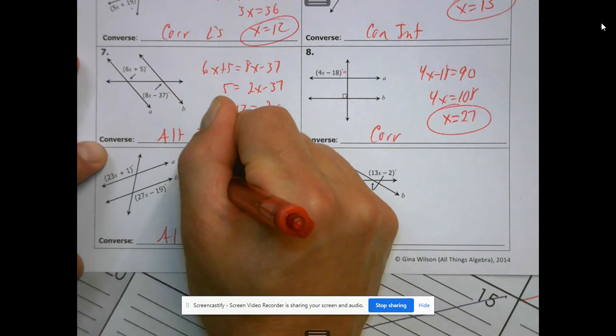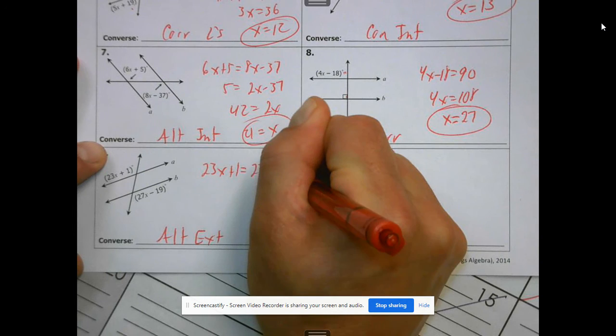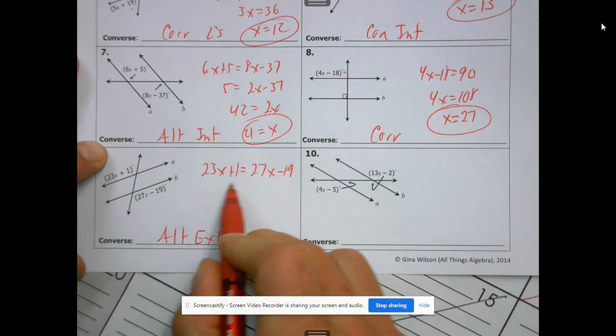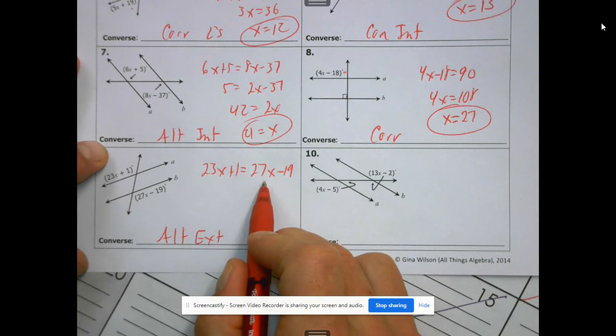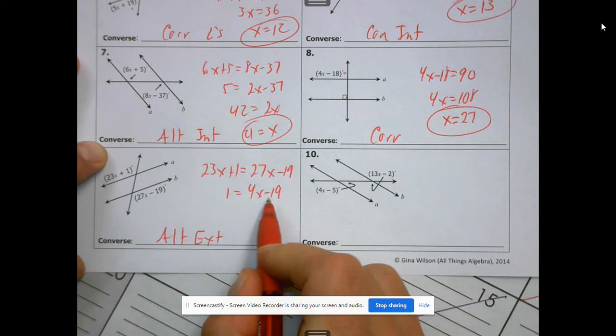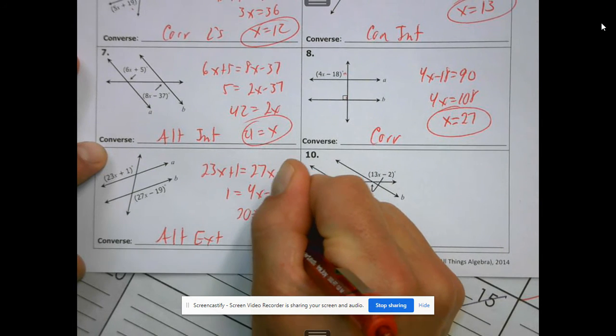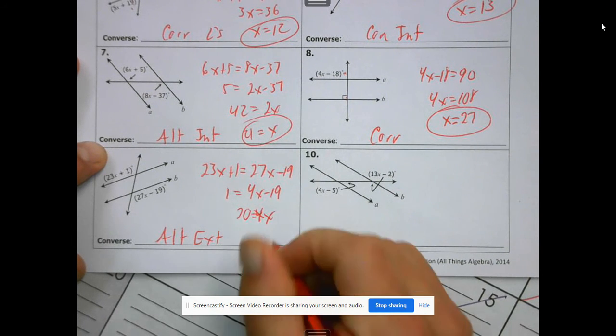Set them equal. I'll subtract the 23x to the right. So 1 is 4x minus 19. Add the 19 over. And then 4 goes in at 20 5 times.